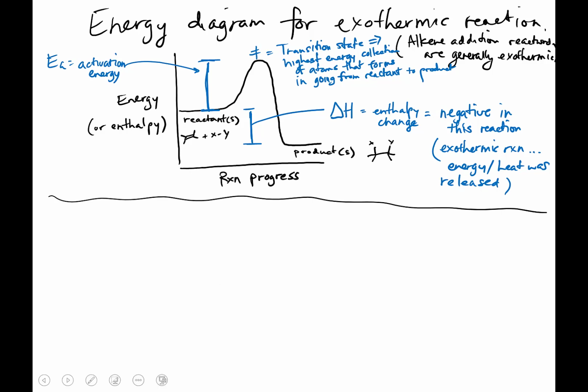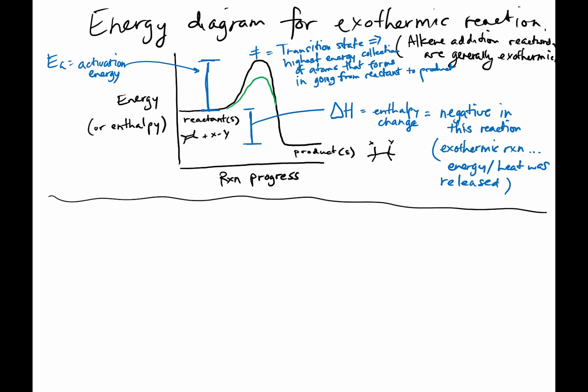Now, one other thing I want to highlight here. Let me get a different color to do it. You've encountered this before, but since we've talked about catalysts in this chapter, let's remind ourselves what a catalyst would be doing on an energy diagram.